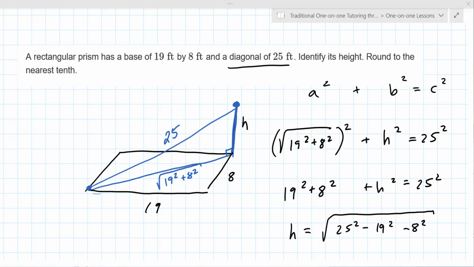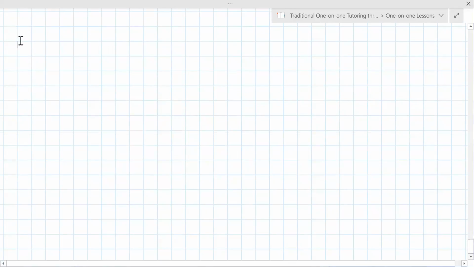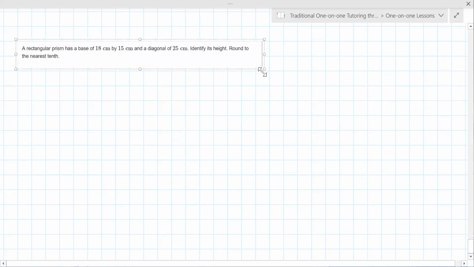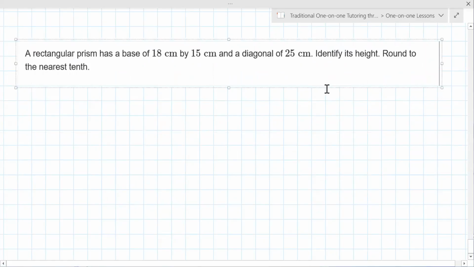Okay, I get 14.1. Okay, and not 14.2. So the rounding is good on that. 14.14. Yeah, that's right. You rounded correctly. Perfect.